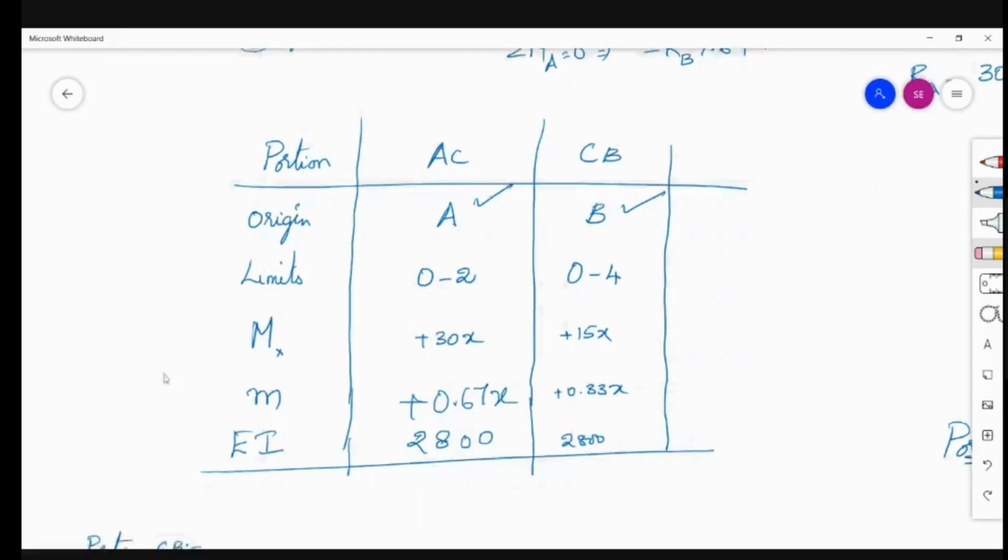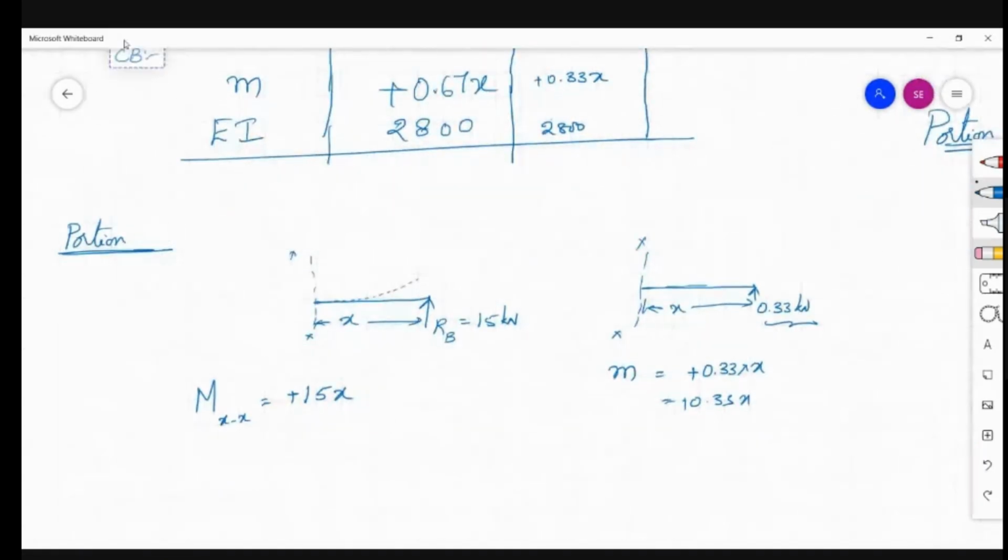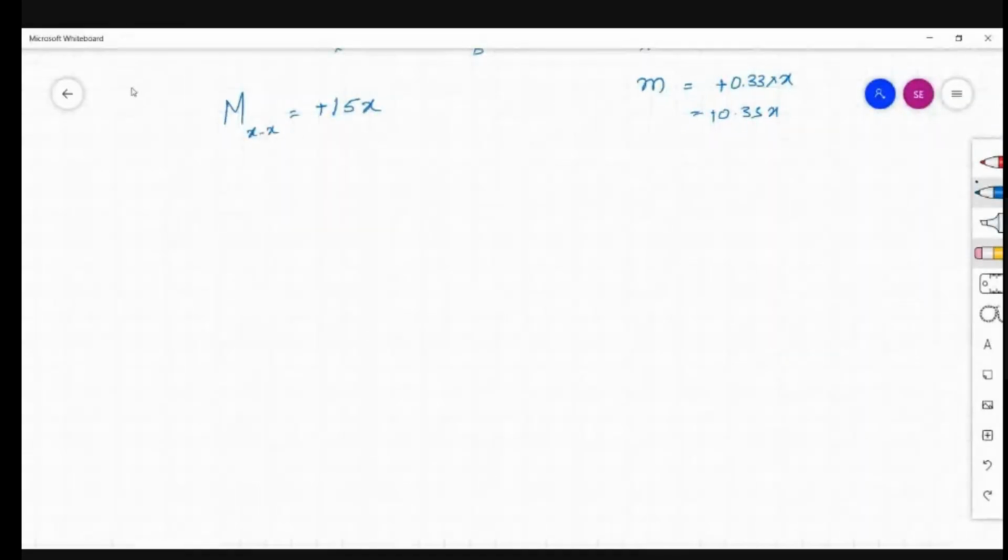Now, the total deflection delta at C. Deflection delta C is equal to the integration of 0 to L of capital M into small m into dx by EI.